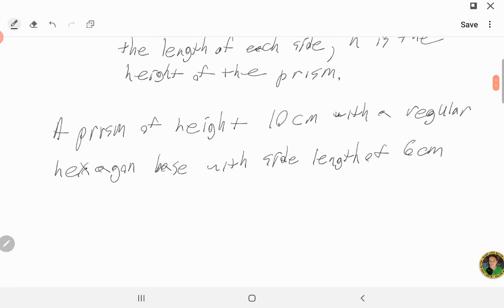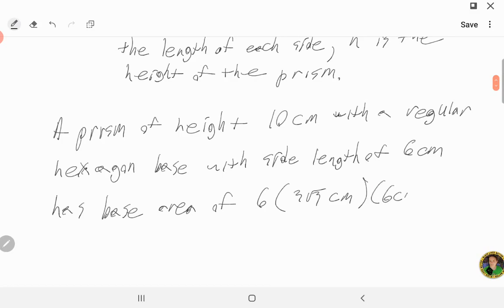We know that's going to have base area of 6 times 3 centimeters times 6 centimeters. Let's double check that. Yep.